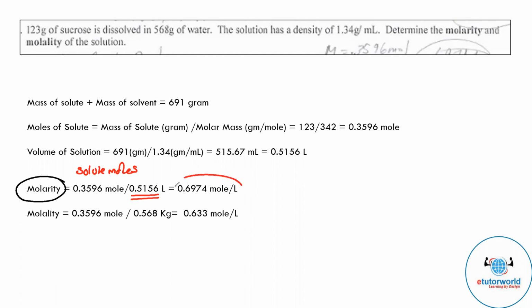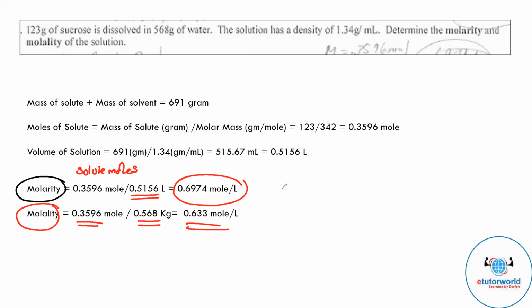So how much answer will you get? 0.6974 mole per liter. Then the molality, again the solute moles, but this time you are going to take the mass of the solvent, which is in kg. That is 0.568. Put the values and you will get the answer.